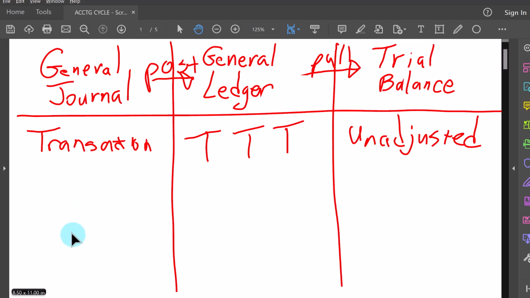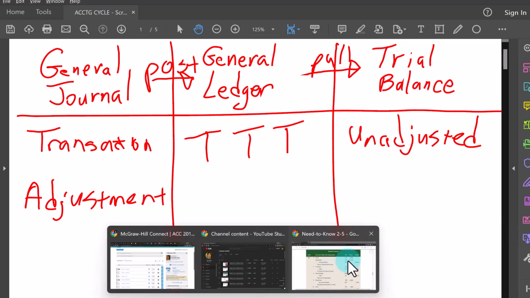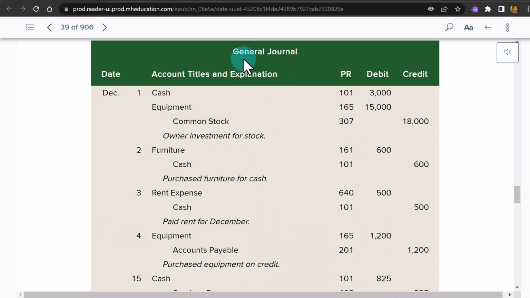At the end of the period, those updates are called adjusting journal entries, or adjustments. Just like transactions, we journalize them. Again, let me show you the general journal. Typically this is at the end of the period, December 31st, or whatever period you're looking at.